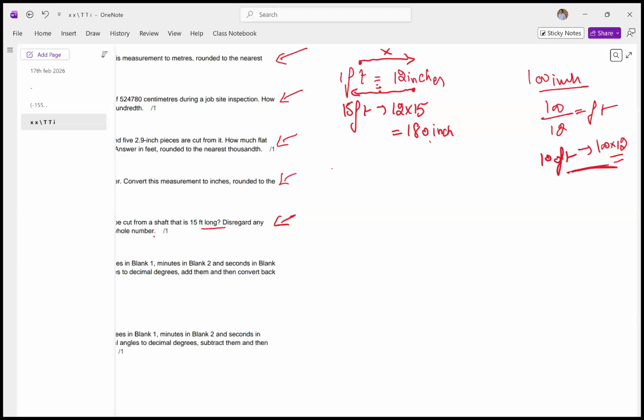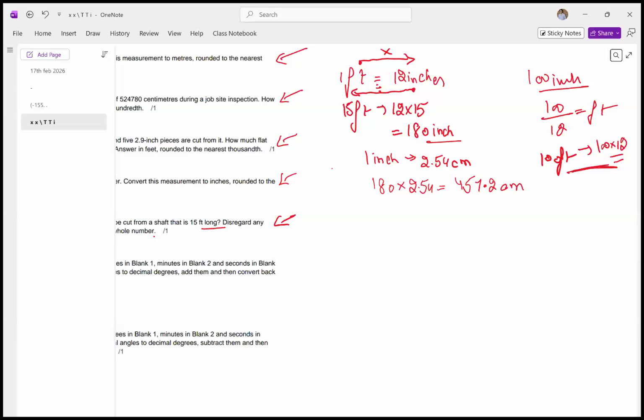Now, 180 inches, but my objective is to convert everything into millimeters. 1 inch is equal to 2.54 centimeters, so we'll convert everything into centimeters. That's 180 multiplied by 2.54, which is 457.2 centimeters.